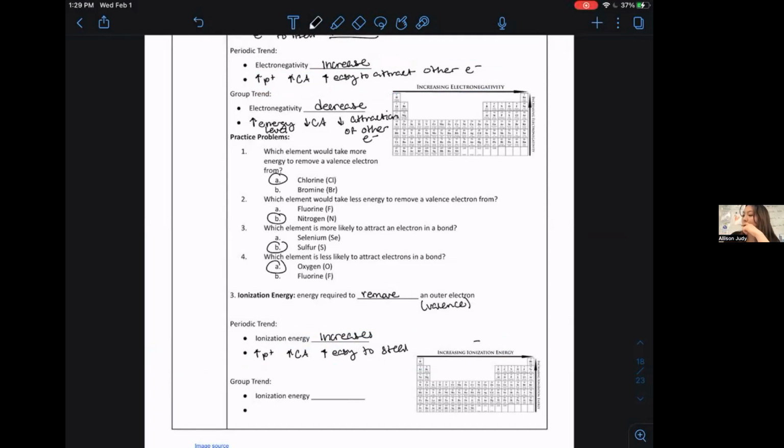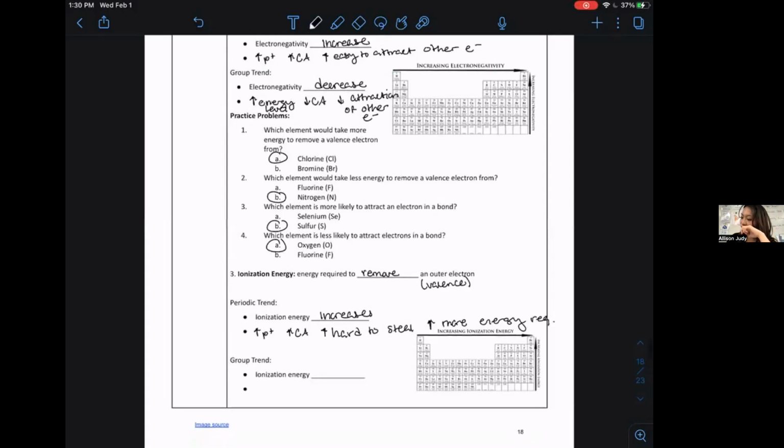Oh, no, I'm wrong. Do you see how that's wrong? It makes it really hard to steal. So you're going to need to put in more energy. More energy required, higher ionization energy.